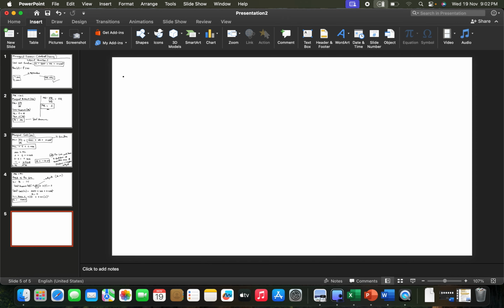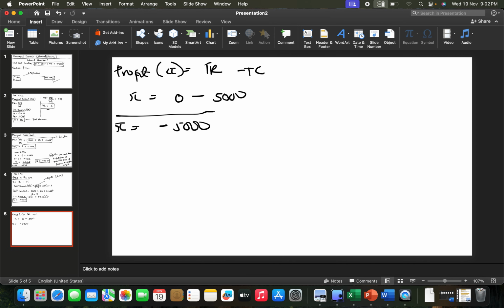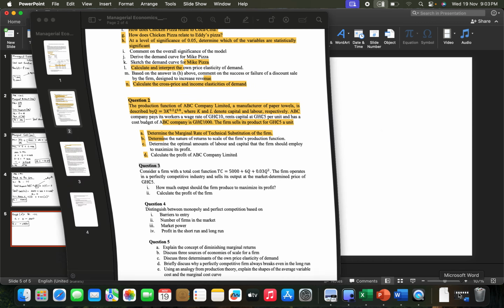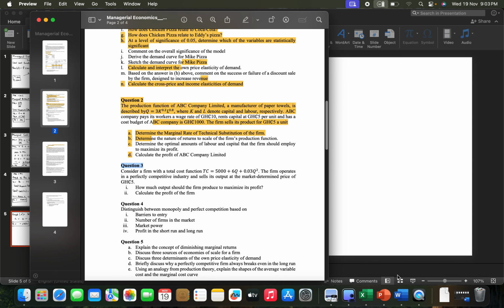We are finding profit. You know profit is total revenue minus total cost. Now we have total revenue to be 0. Total cost is 5,000. So we have profit to be minus 5,000. Now we are having profit to be negative. So they said calculate the profits of the firm.